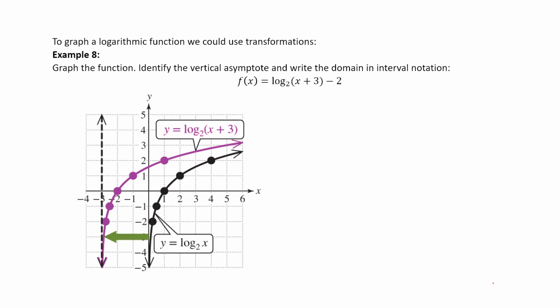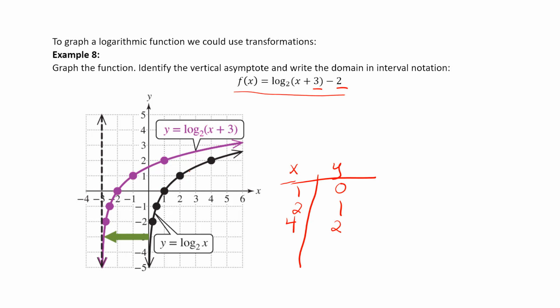So to graph a logarithmic function, we could use transformations. So you've got this function, log base 2 of (x + 3) minus 2. What you could do is go ahead and graph the function log base 2 of x. You could scoot it to the left 3 units, and you could go down 2 units using what we know about translations.